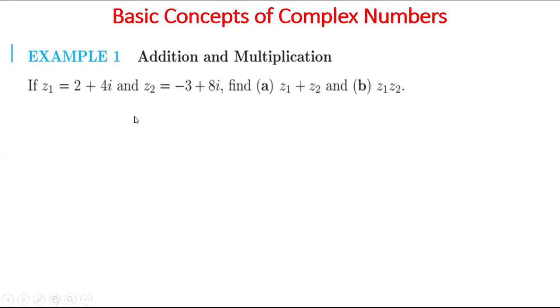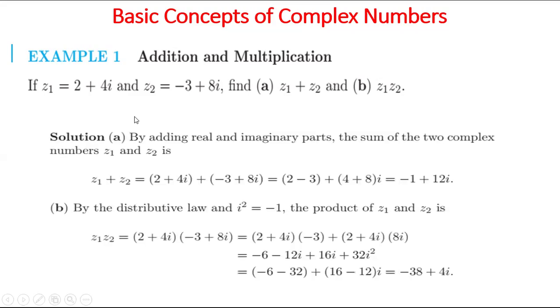Here you can see we have both complex numbers z1 and z2 in this form. We arrange both real values and imaginary values with each other, add or subtract the real values and imaginary values, and we get -1 plus 12 iota.